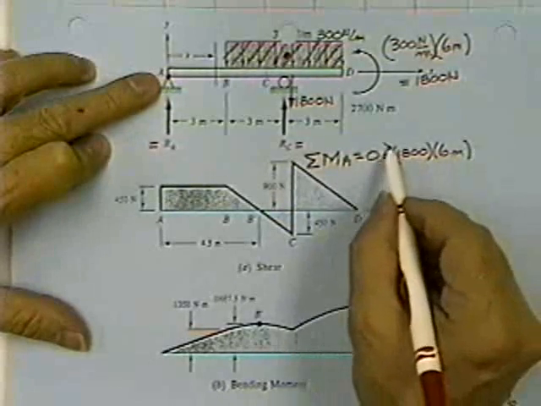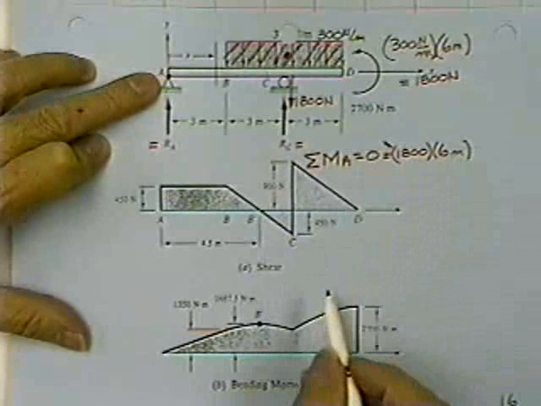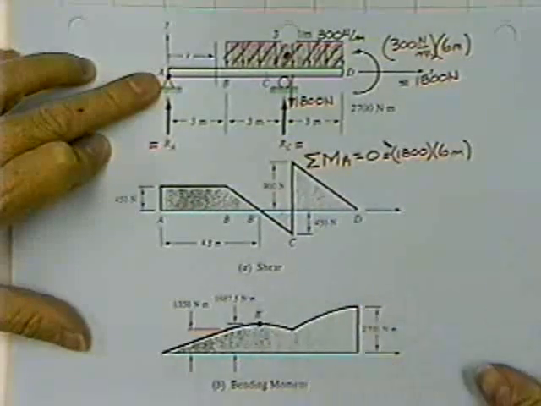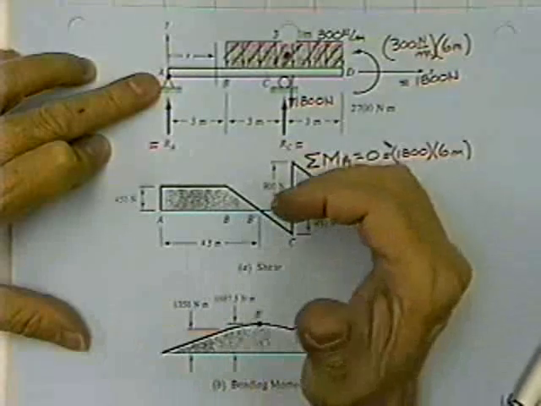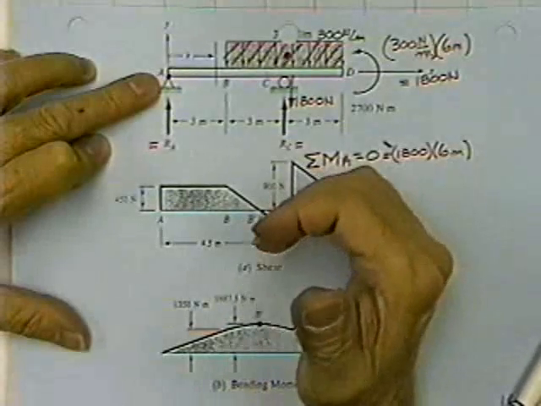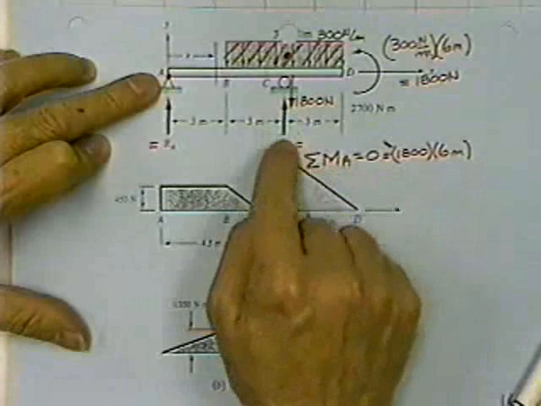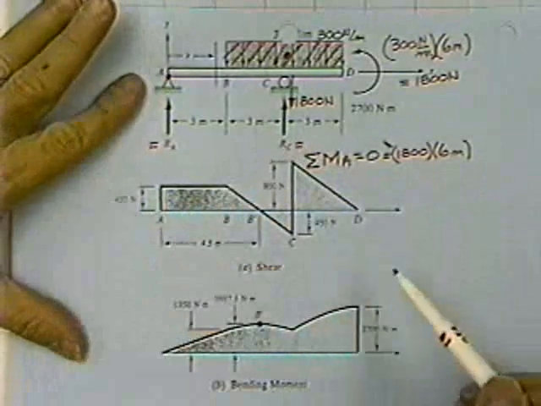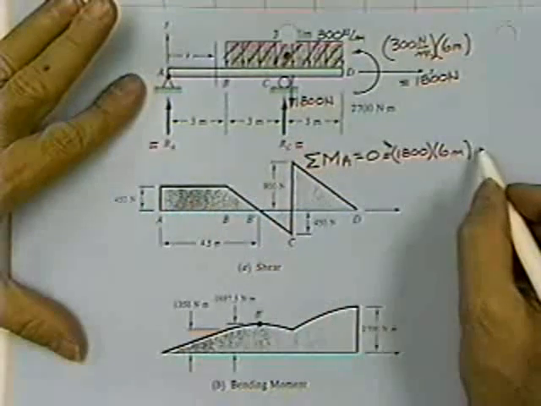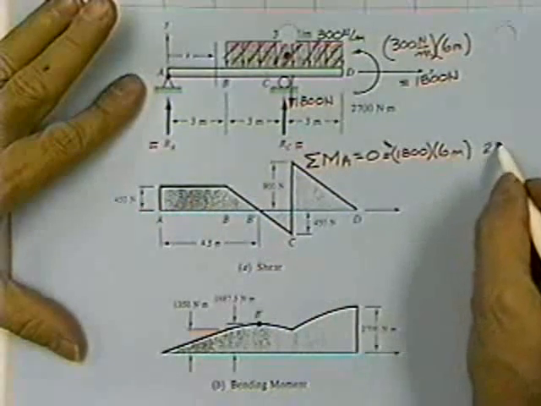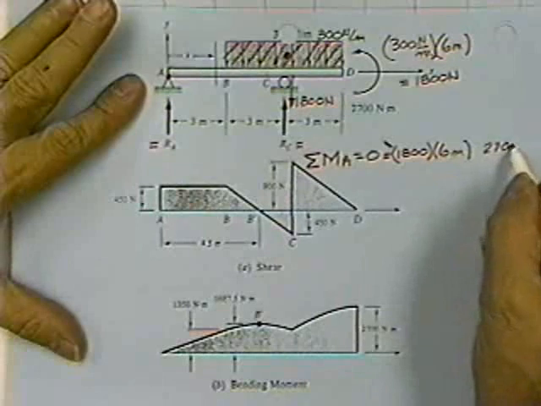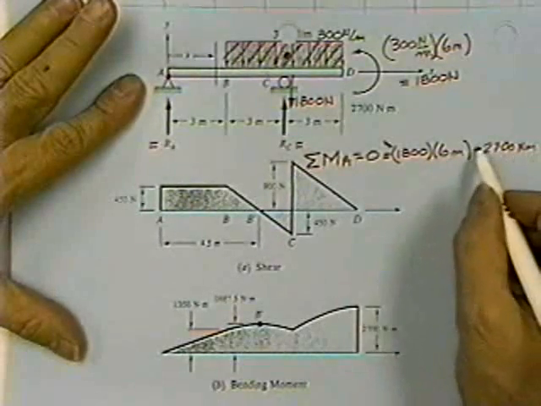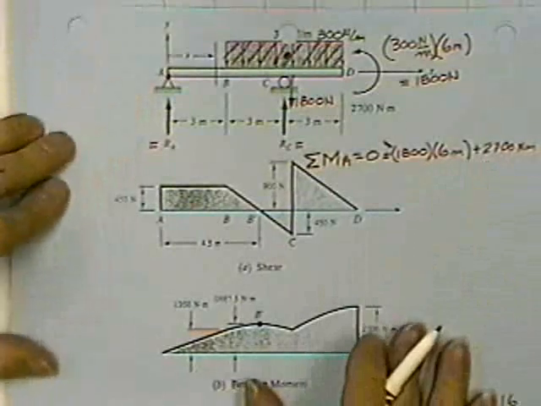I'm going to assume that is a negative tendency to roll, because if the 1,800 newton force were to get away from me, it would roll clockwise. Next, I see a 2,700 newton meter. It has a tendency to roll plus.